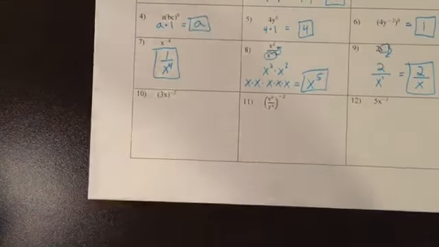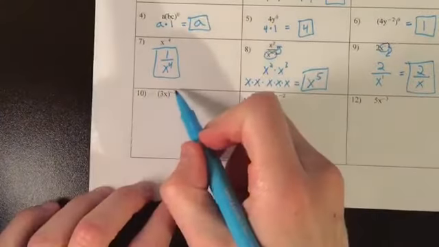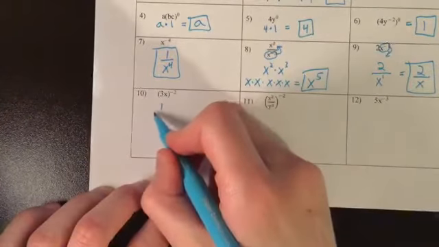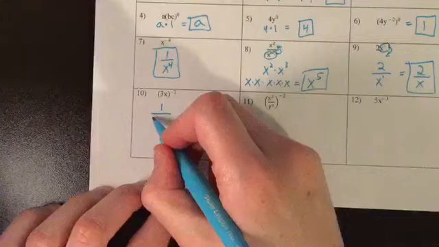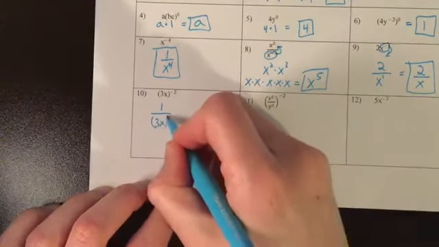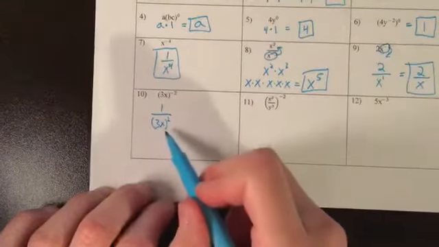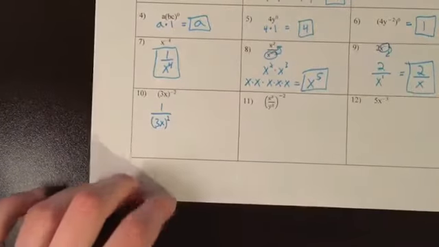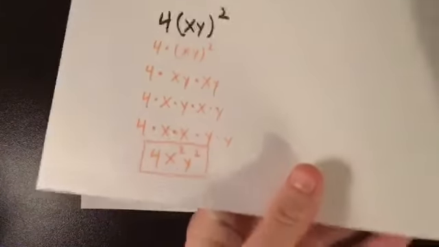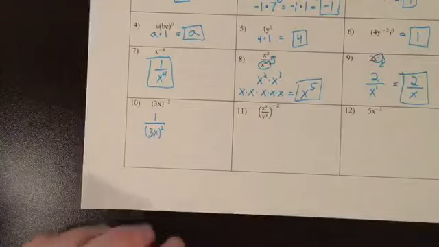Okay. And then 10, 3x to the negative 2nd power. The whole thing's the base, so we'll move the whole thing down. Make our exponent positive. I think we can simplify that. I think we did an example similar to that before. Let's practice it.